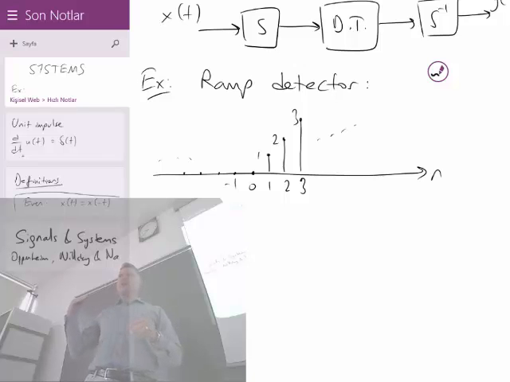In continuous time, how would you detect that? What would you take a look at? It may be a good idea to take the derivative, for example, of a ramp. The derivative will be like this. It will be all zeros, and the derivative will immediately become 1.